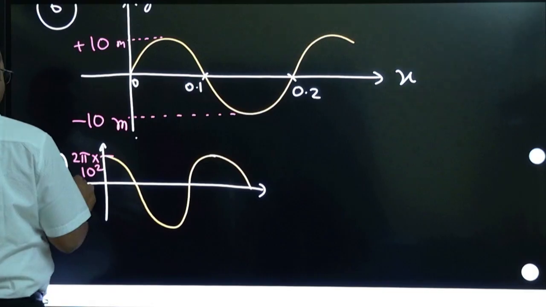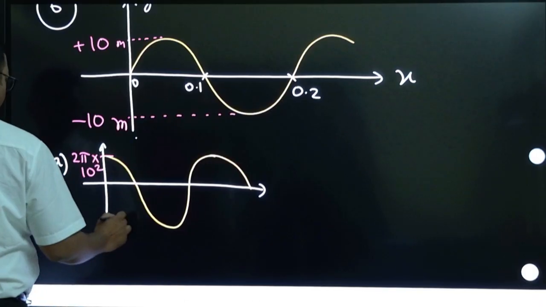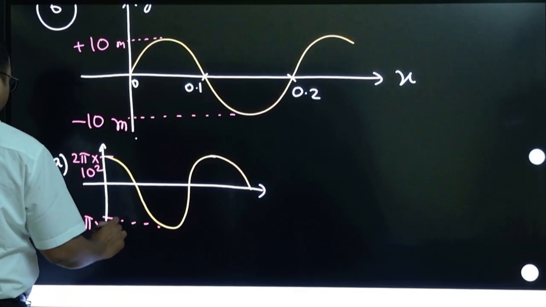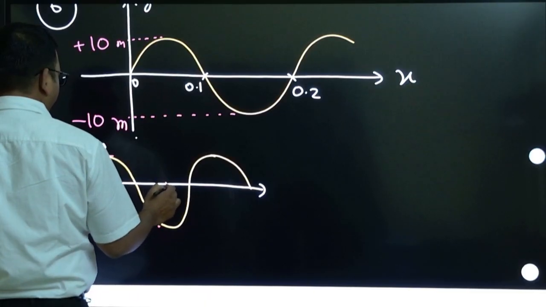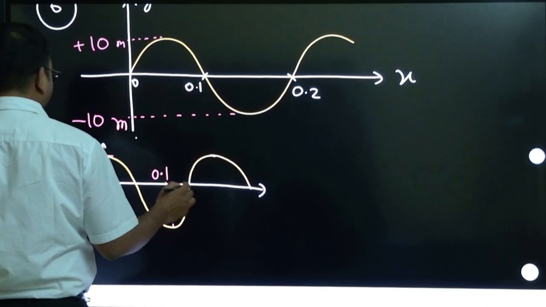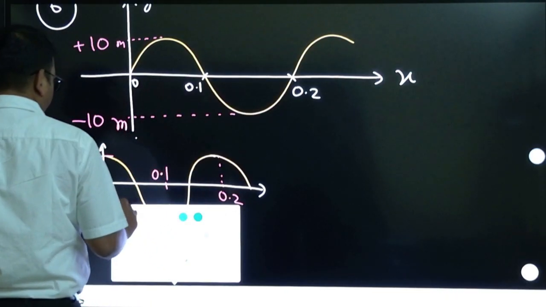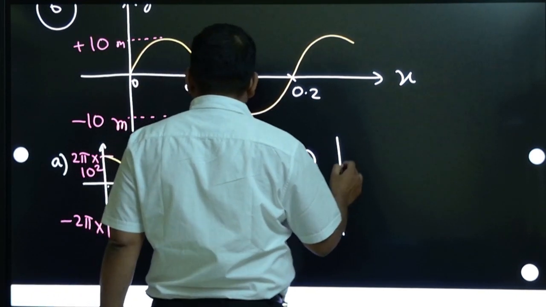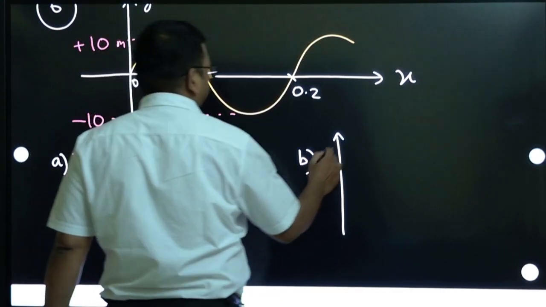Pressure is in Pascal. Okay, units are SI units, and this value is minus 2 pi into 10 to the power 2. And here they are showing this value 0.1, this value 0.2. Second graph, these are pressure graphs. Okay, pressure versus x graph.